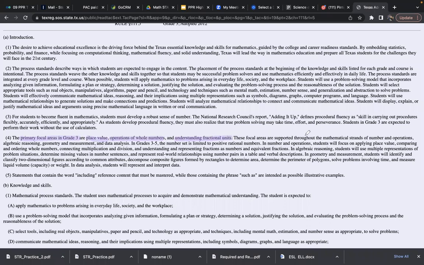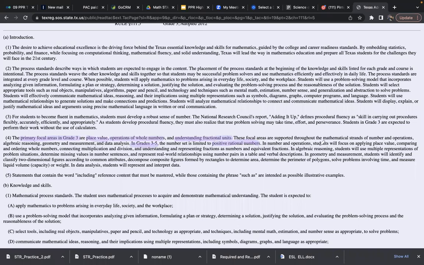These focal areas are supported throughout the mathematical strands of number operations, algebraic reasoning, geometry and measurement, and data analysis. This is important, guys. In grades 3 through 5, the number set is limited to positive numbers.